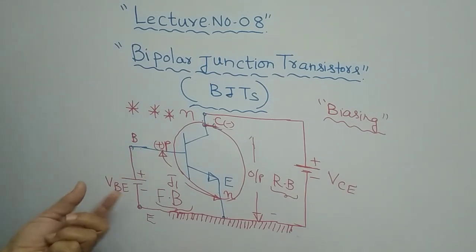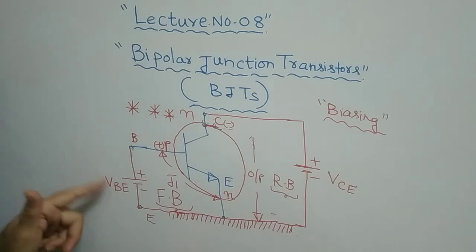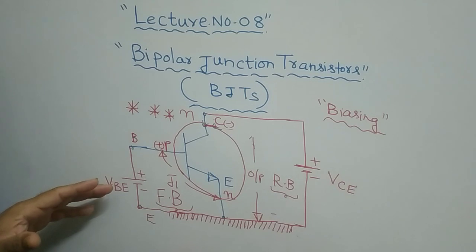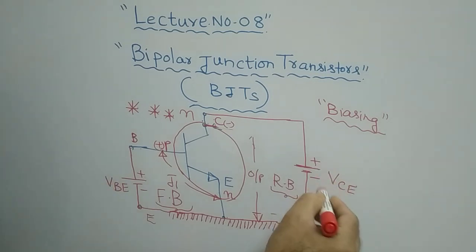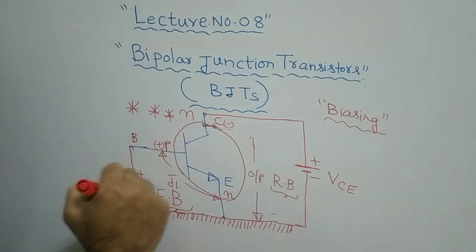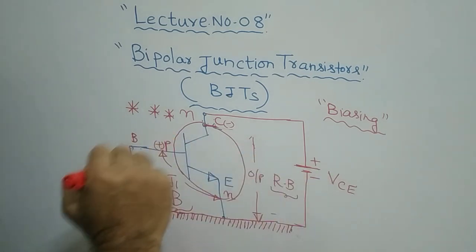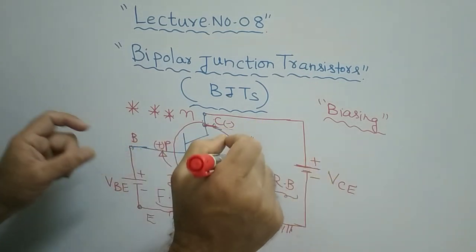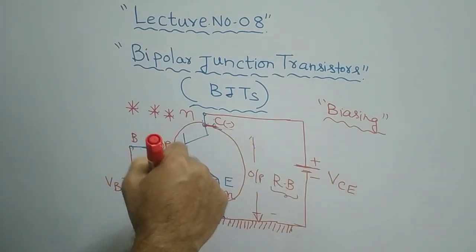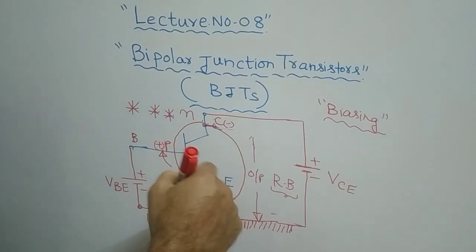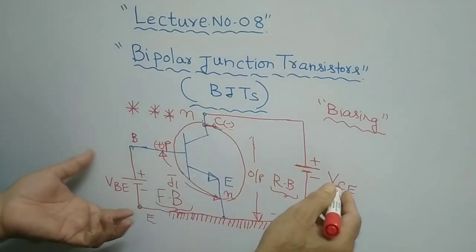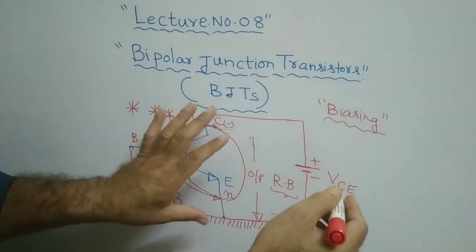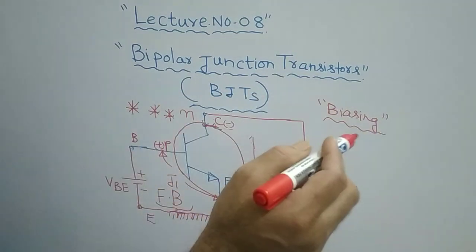So likewise here, if you see, VBE is a DC power supply, which we have to connect externally. Similarly, VCE is also a DC power supply. There are two power supplies which we are connecting externally to this simple transistor circuit. The process of connecting these DC power supplies to the transistor circuit is called biasing.